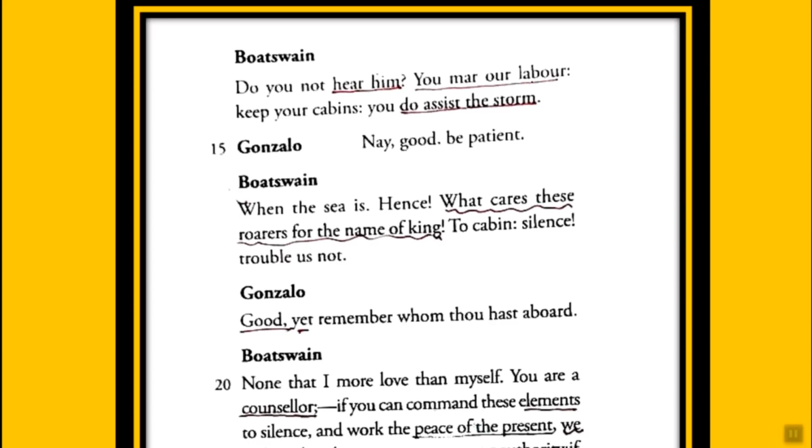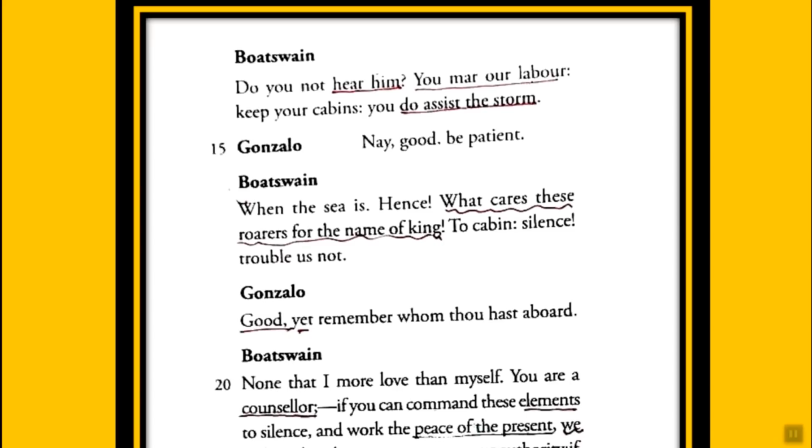You mar our labor. Means you are getting in the way of our work. Means we are trying to save the ship in this bad condition, and when you come up and ask questions, you are disturbing us and thereby you are getting in the way of our work.